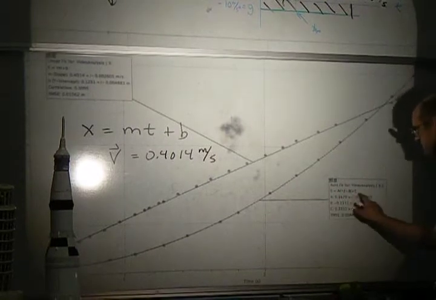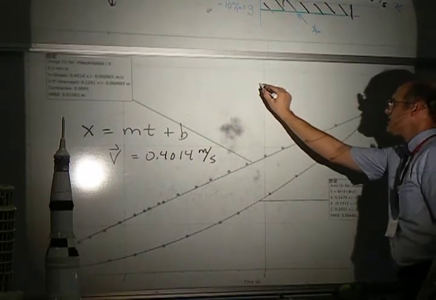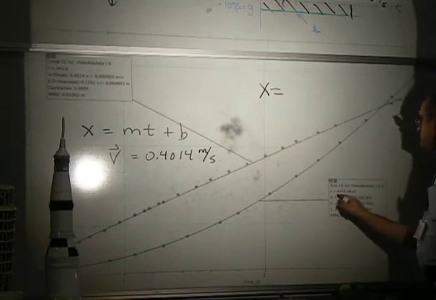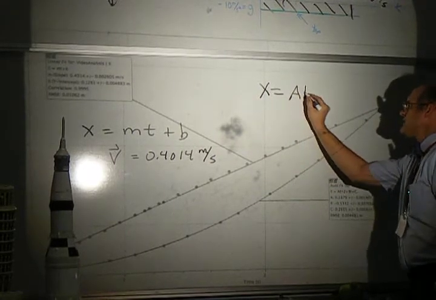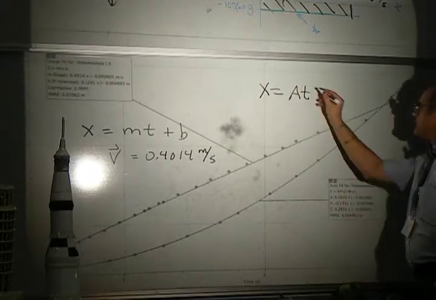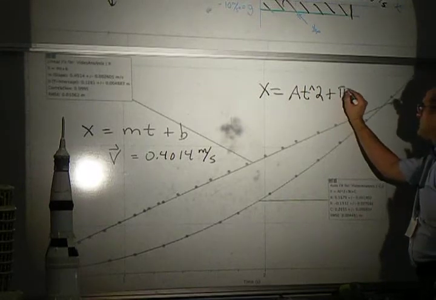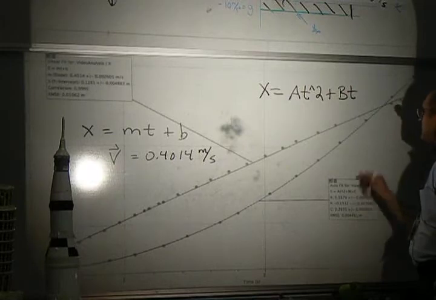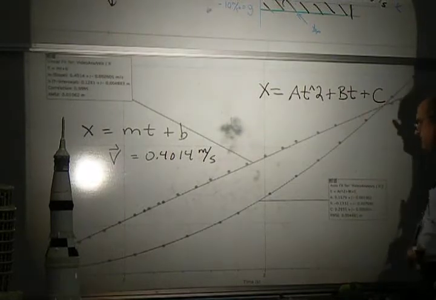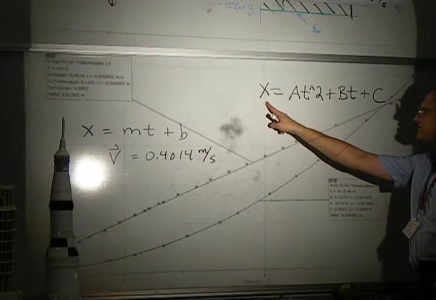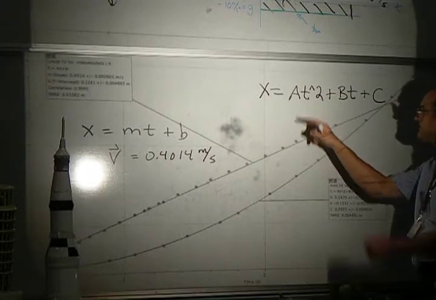The curve fit on here, what I did there was a quadratic fit. And what's displayed here by the computer is x is equal to a t^2 plus b t plus c, where x is the position, t is the time.